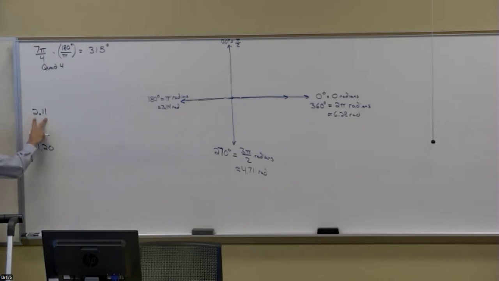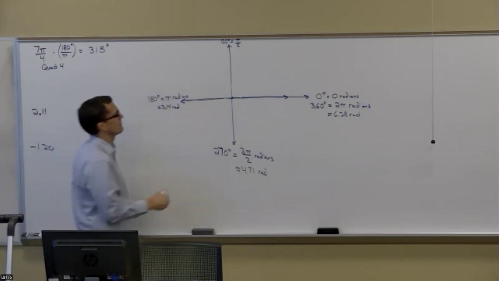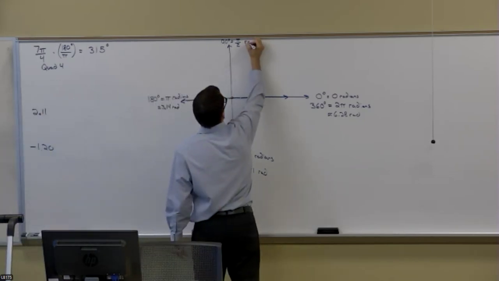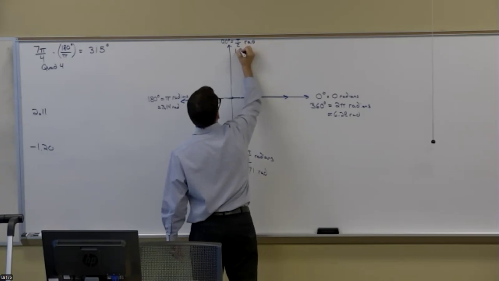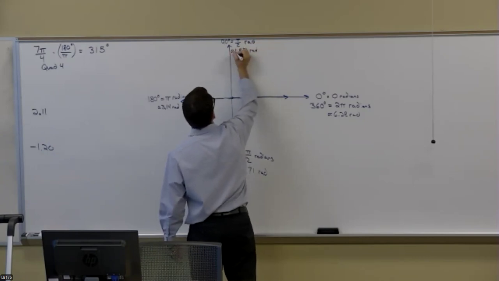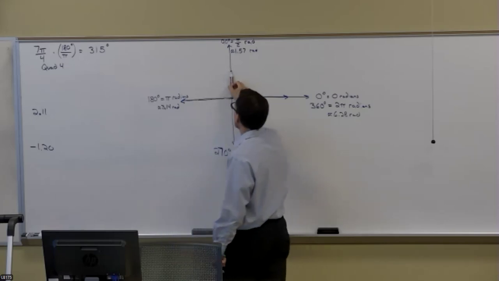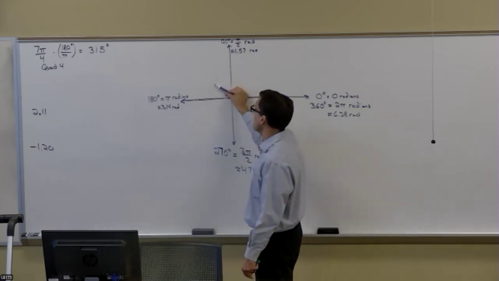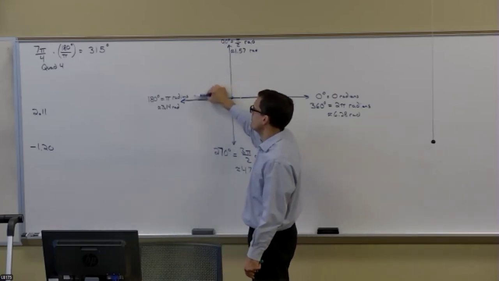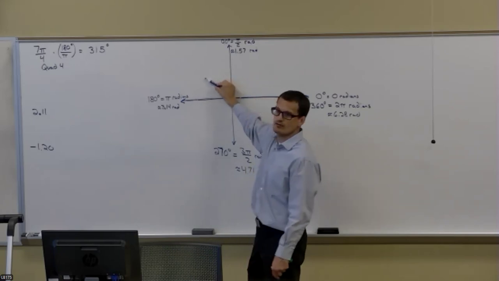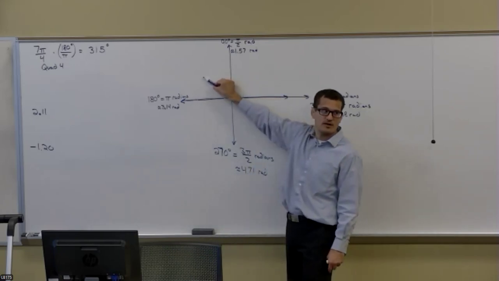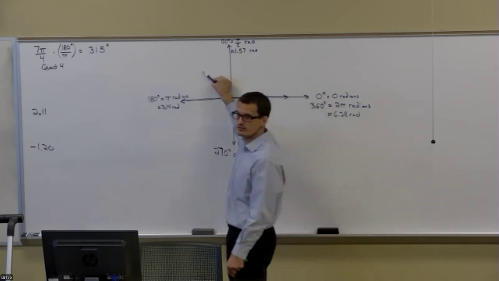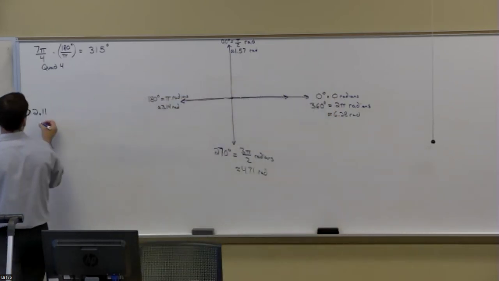Same thing here. If I have 2.11 radians, remember pi over 2 radians was about 1.57. So 2.11 is more than 1.57, but less than 3.14. So I know it's going to be in quadrant 2, based on radian measures.